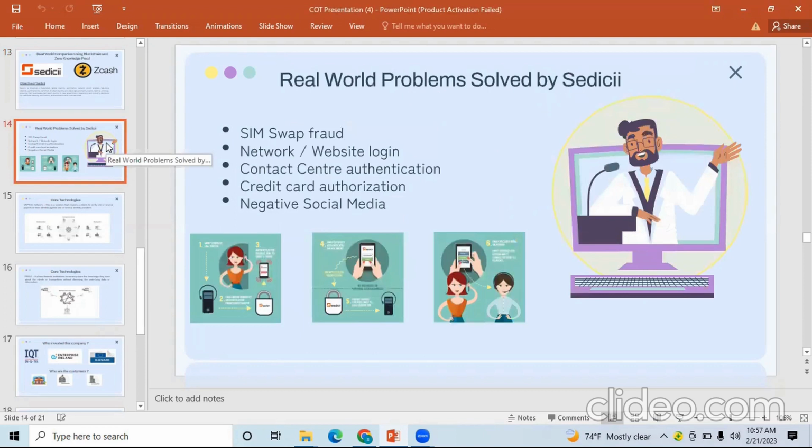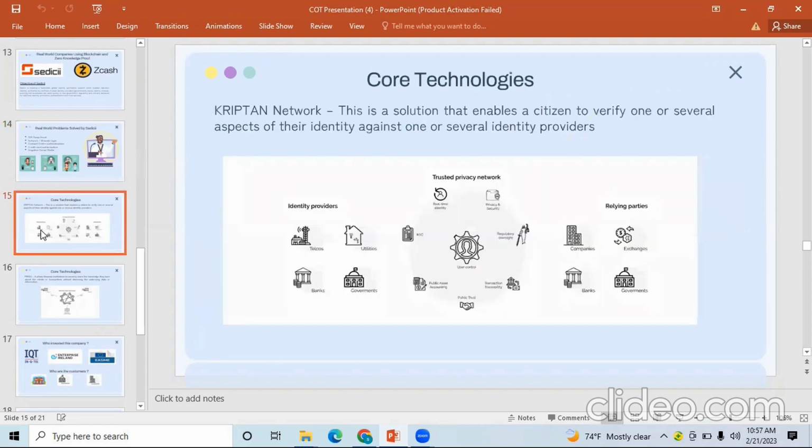Now, there are 5 real-world problems solved by CDC: SIM swap fraud, network website login, contact center authentication, credit card authorization, and negative social media. Coming to core technologies, there are two types. The first one is Krypton Network.